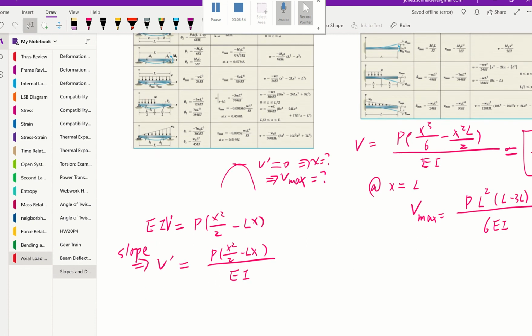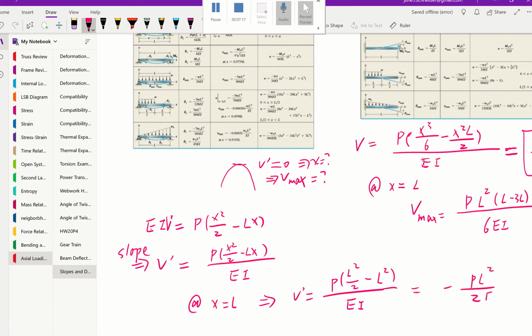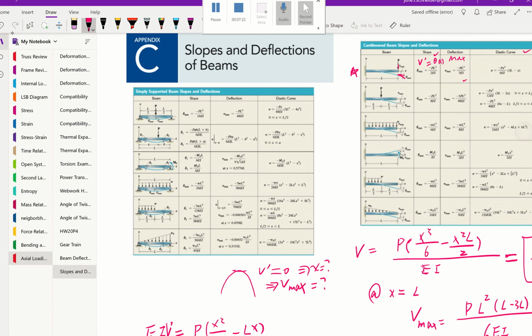We already know for this situation it's at x equal to L. So if you plug that in, v prime will be equal to P over EI, x equal to L, so that becomes L squared. The answer for that one will become negative PL squared over 2EI. And hopefully that is exactly in the table. That's right, negative PL squared over 2EI. That is the maximum slope.